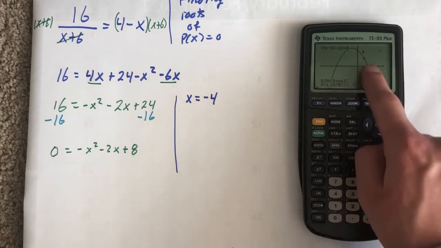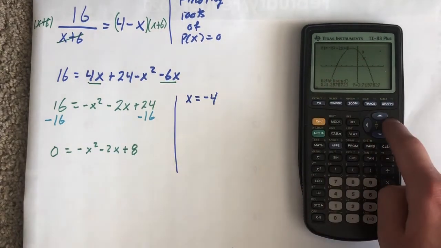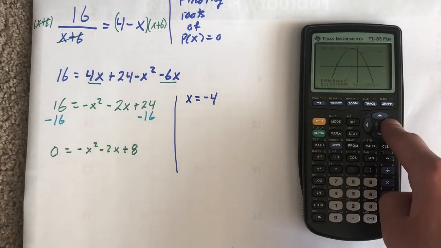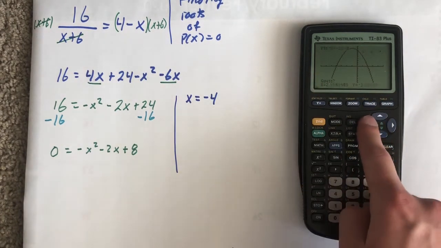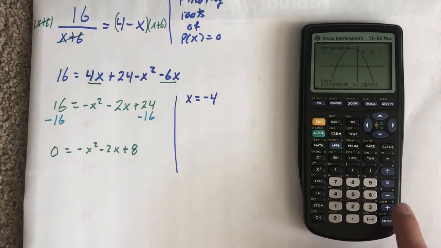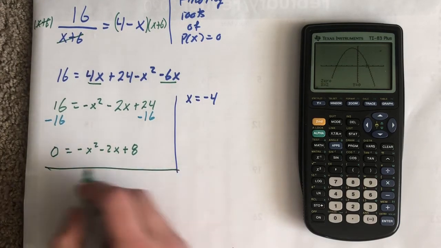Or sorry, the left side. That's the left side. Now it's asking us for the right side. So I'm going to scroll down to the right side of our x-intercept, press enter, and now it wants us to roughly guess where the x-intercept is. It's around there. I'm going to press enter, and we get x equaling 2.